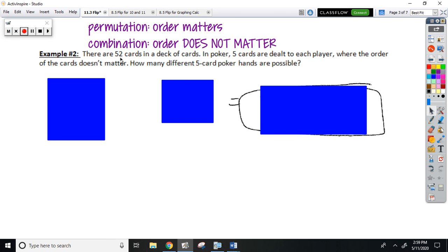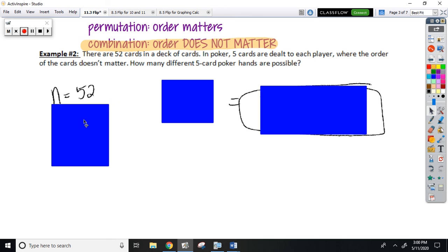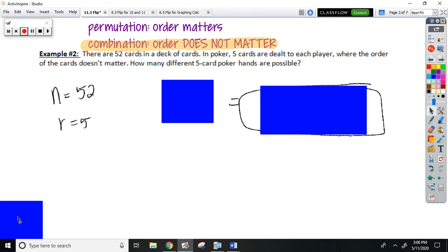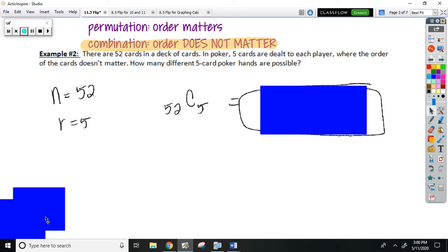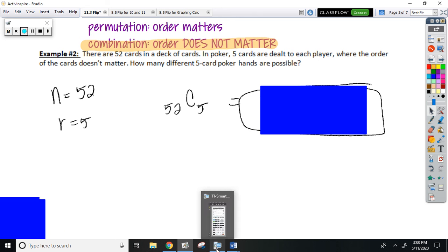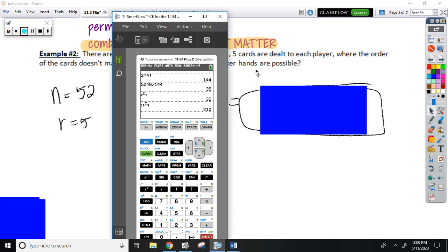In this case, we have 52 cards in a deck of cards. In poker, you are dealt 5 cards to each player where the order of the cards doesn't matter. So it's telling you that. How many different 5-card poker hands are possible? This would be a combination because the order does not matter. So 52 is our total N, 5 would be our R, and we said it's a combination, so we're doing 52C5. Go straight to our calculator.